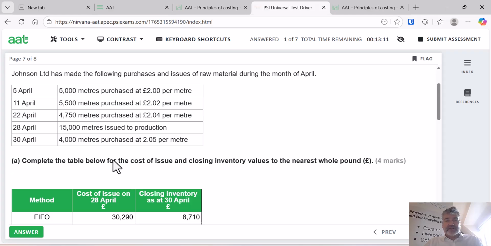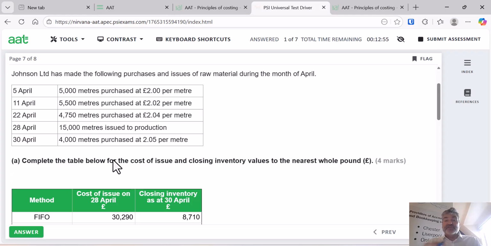So if we add up the total cost that we've paid for the purchases up to the end of the 22nd of April first, we can work out the average cost per unit of what we're holding.